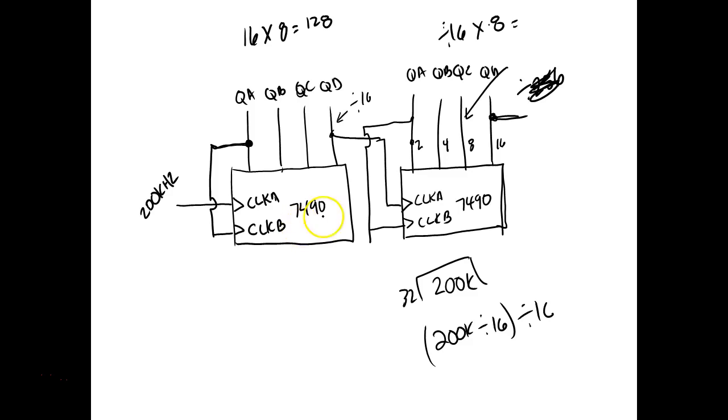So what does the 7490 give me? No, a 7490 is a divide by 10. So I'm taking a divide by 10, I'm feeding it into a divide by 10. So what would be my total division? Divide by 100, so what would I get out?